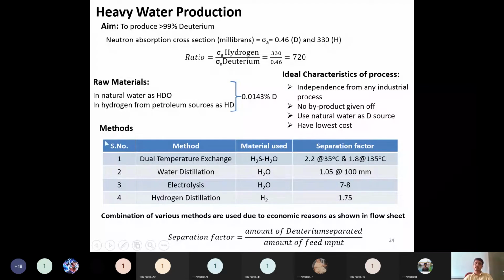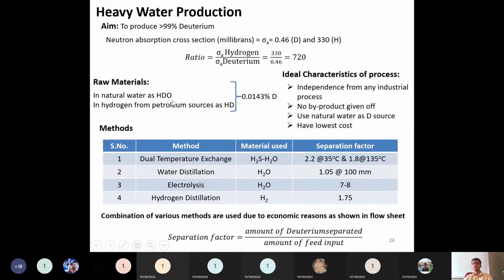Now the following process. There are usually two raw material sources to obtain D2O. The first source is natural water, in which deuterium is present in the form of hydrogen deuterium oxide, HDO. The second is hydrogen from petroleum sources, in which it is present in the form of HD, hydrogen deuterium.